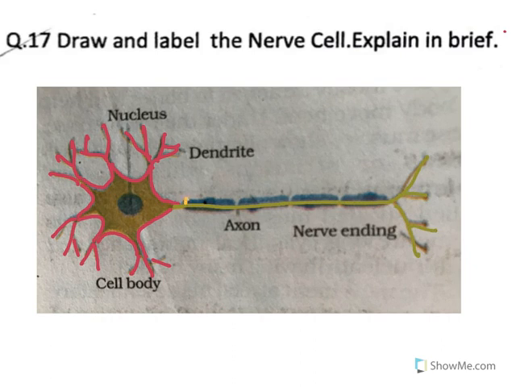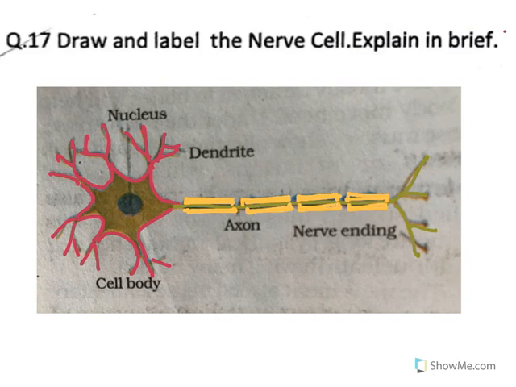And surrounding the axon is this interrupted covering. So these are the different parts of your neuron or the nerve cell. The nucleus is in the center. So you've got to name the nucleus, the dendrite, the cell body, the axon, and the nerve endings.